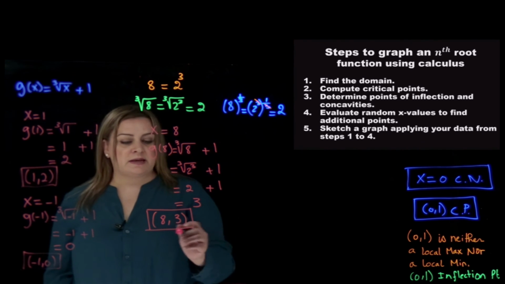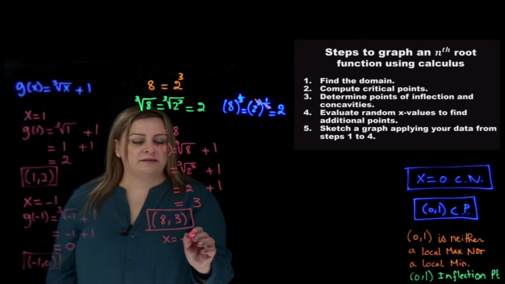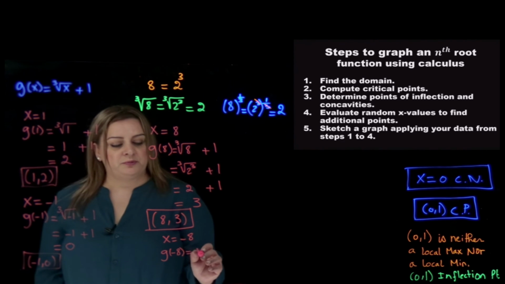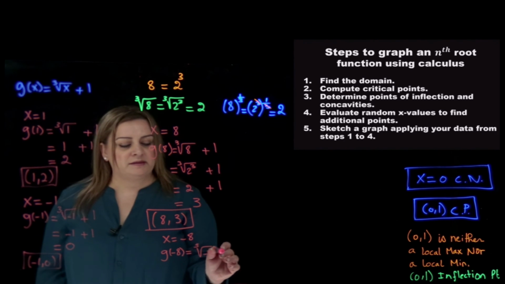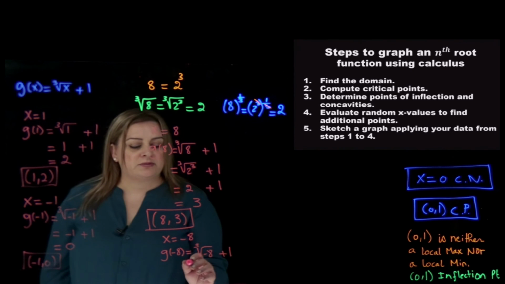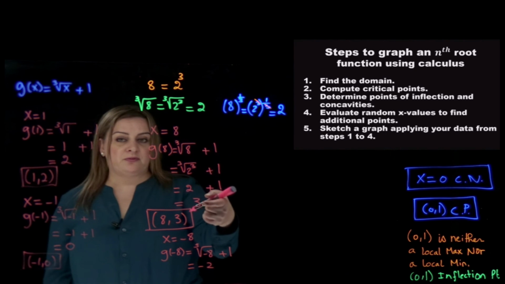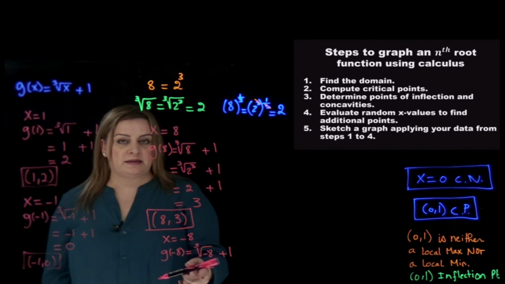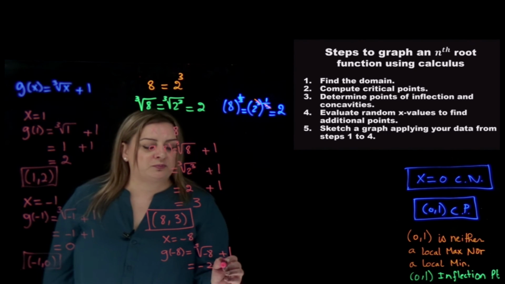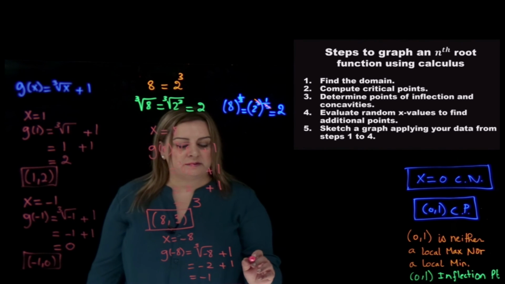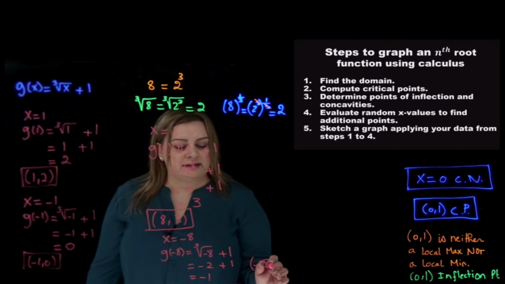If I follow the steps with x equals -8, so if I evaluate g at -8, I will have the cube root of -8 plus 1. This is going to give me -2. I'm just skipping steps, but you follow the same steps we did here with a negative, and we will have -2 plus 1, and this should give us -1. Now we have a fourth point, which is (-8, -1).